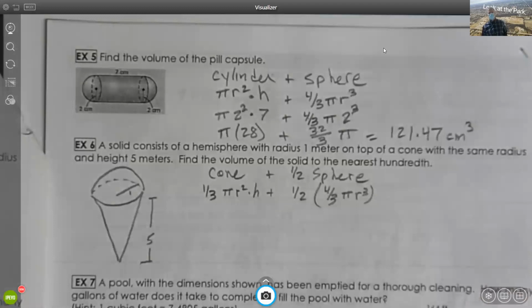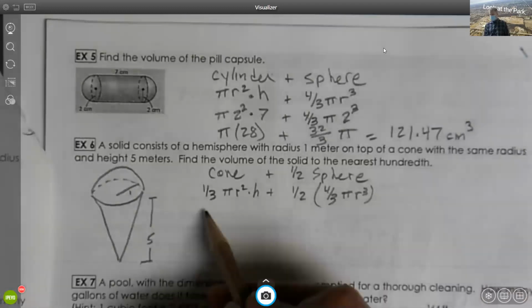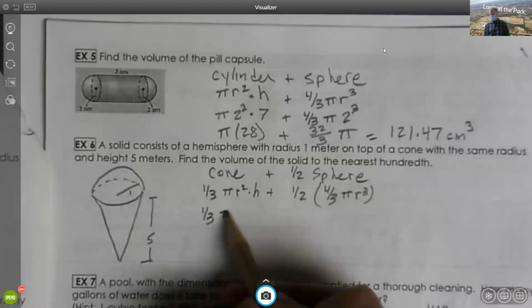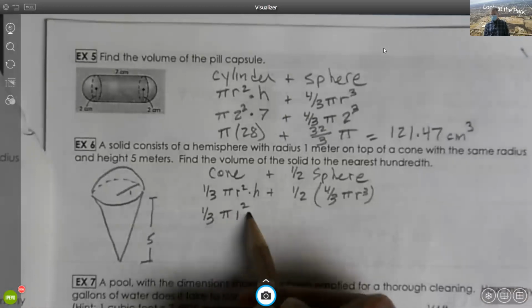So that's our 2 different formulas that we need to be somewhat familiar with. You can look back at your notes to see those. Now we know our radius is 1. So the cone is going to be 1/3 pi 1 squared. And the height is 5.